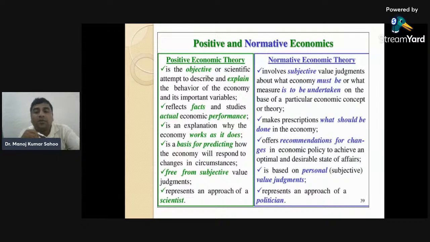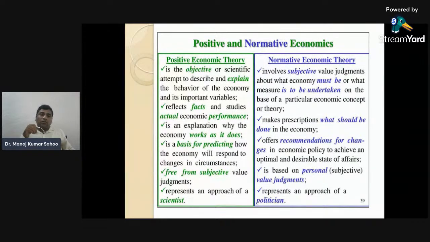Whereas normative economics recommends changes in economic policy to achieve the optimal or desired result. Again, positive economics is free from subjective value judgments, whereas normative economics is based on personal value judgments.